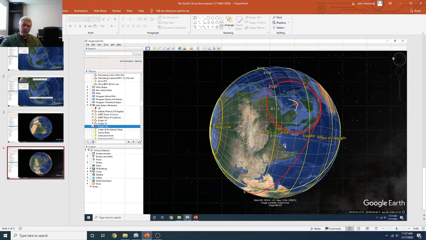Now, the next one I'm going to talk to everyone about, after this one, is the Little Tully Woolly impactor, which was not a high-angle impactor. This is a high-angle impactor. Little Tully Woolly, on the other hand, is a low-angle impactor, and it also didn't just create a low-angle impact crater.